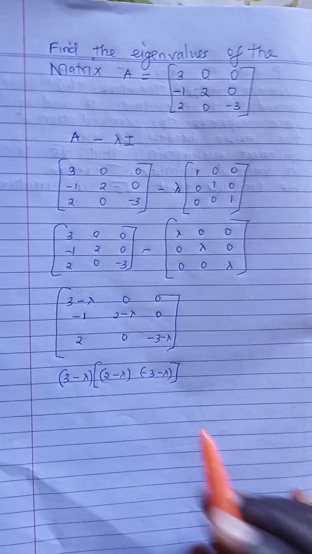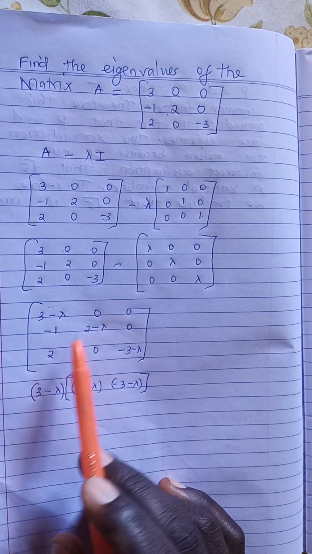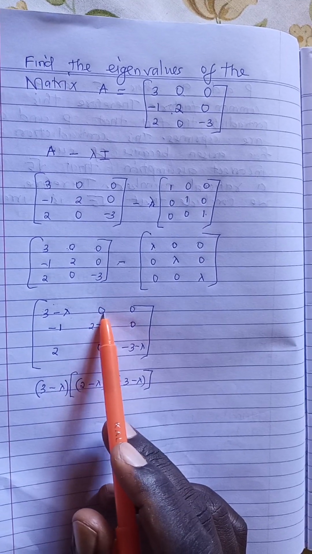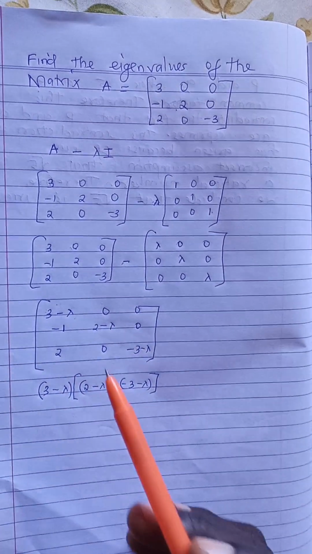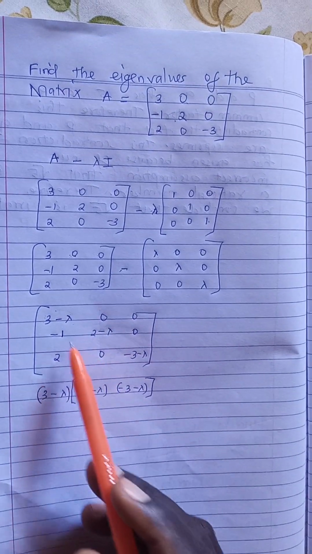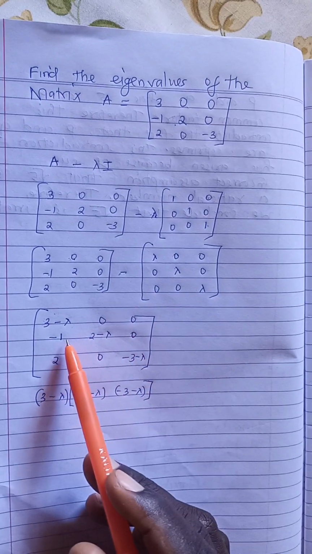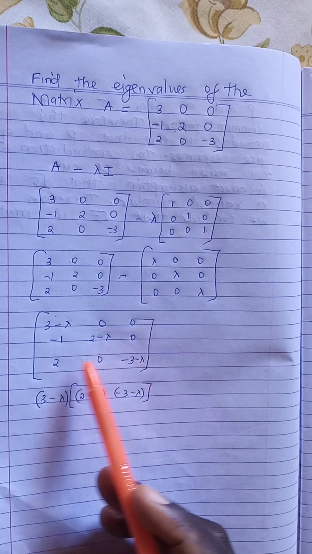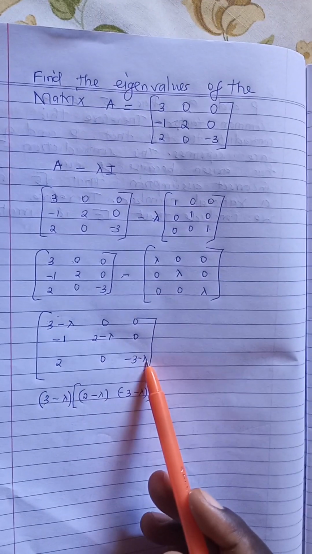Next we will have the negative sign of this, that is the negative sign of 0, which is just 0. Then I close this column and I close this row. Then I remain with this negative 1 and this 0, then 2, negative 3 minus lambda.